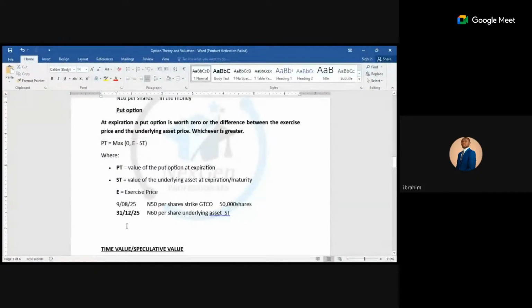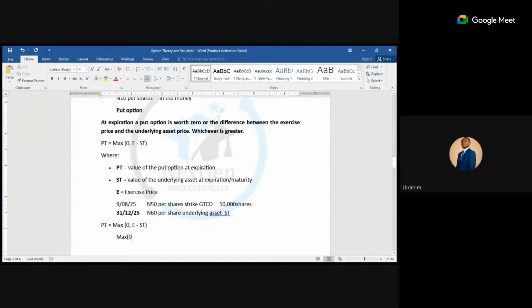It is the maximum of 0 and the difference between the exercise price, the price as at the date of that contract, which is the exercise or strike price, and ST, the price of that asset at the date of maturity.